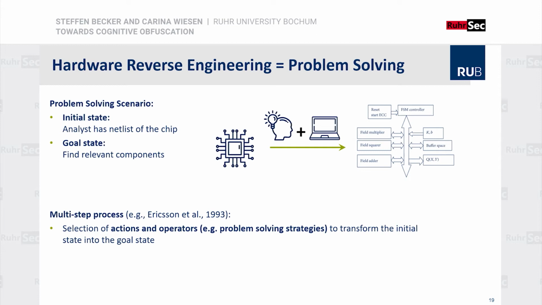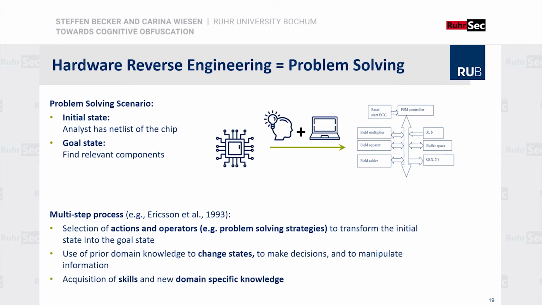The problem solver selects actions and operators, like problem-solving strategies, to transform the initial state into the goal state. The problem solver uses prior domain-specific knowledge to change those states, to make decisions, or to manipulate information. Moreover, the problem solver acquires skills and domain-specific knowledge, which he or she applies in the selection of actions and operators.